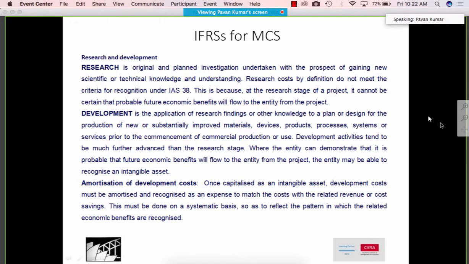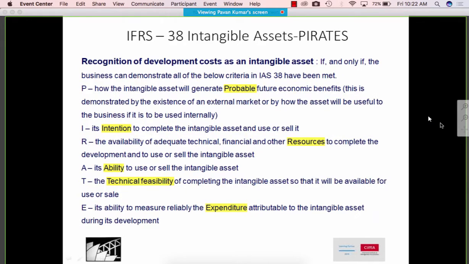Research and development costs, which I have just discussed, and the amortization of development costs. Then how do you recognize development costs as an intangible asset? You have to use the criteria where the probable future economic benefits are there. It will generate future economic benefits. There is an intention to complete and sell.